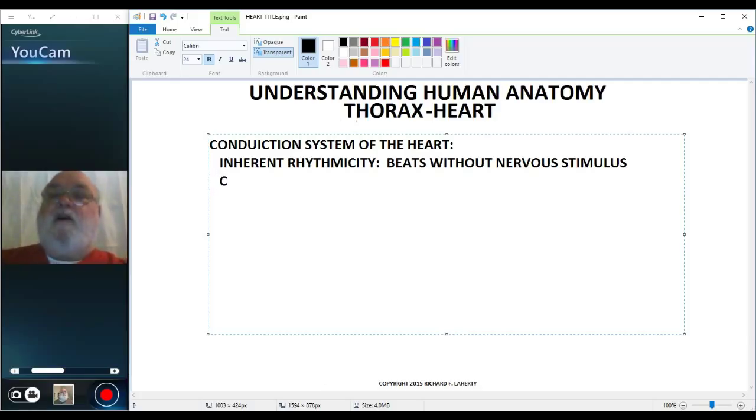Highly modified cardiac muscle. Remember that there are two types of tissue that are modified, highly modified, to conduct an action potential. Nerve, obviously, and muscle.